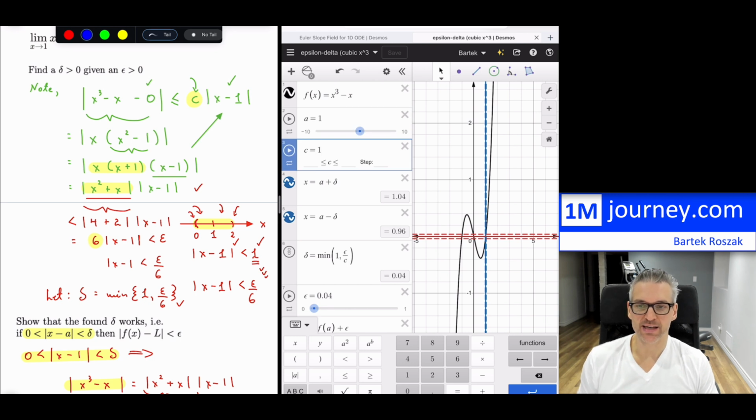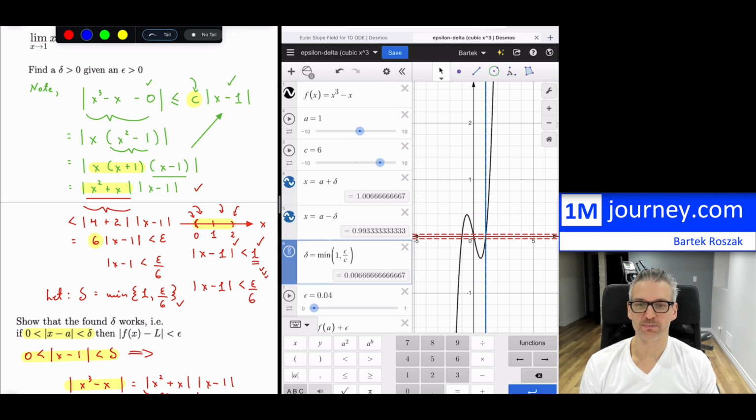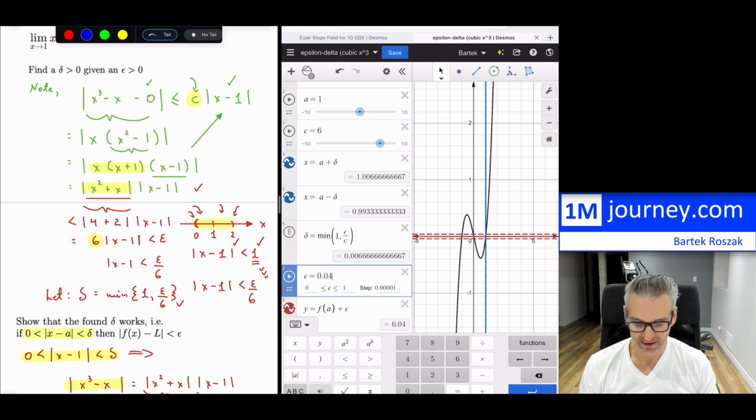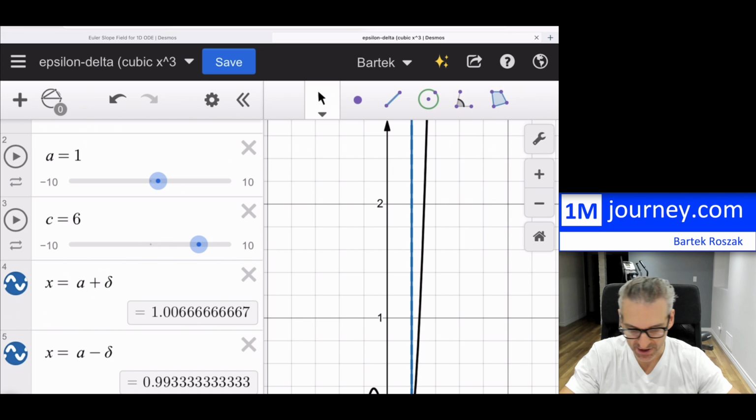My c is actually that bound, which I've called c. We said that this was going to be 6, so I'm setting it equal to 6 right there. That means our delta is going to be the minimum between 1 and epsilon over 6. Epsilon is right below here, and then the rest is just drawing everything out. So let's see how this looks.